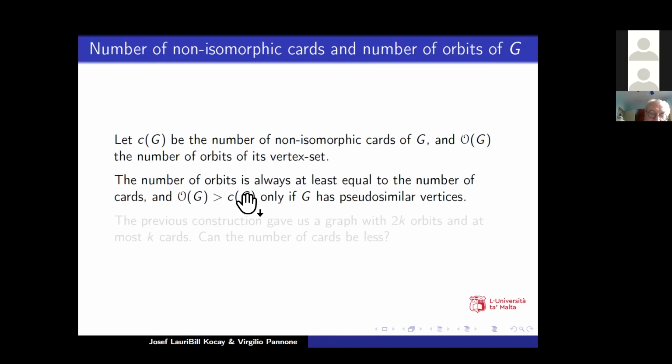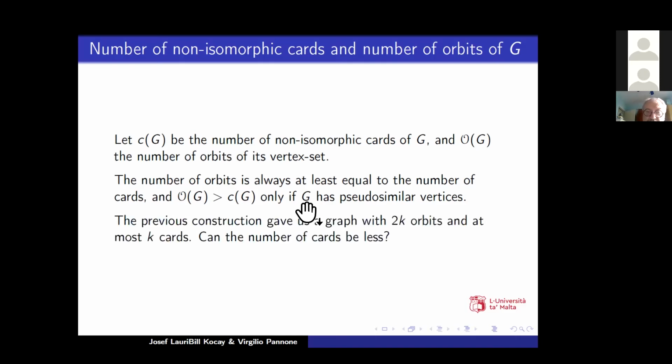Well, this would mean that there is at least one card which comes from deleting vertices in two different orbits. But then it means that those two vertices are pseudosimilar. So this can happen only if G has pseudosimilar vertices.